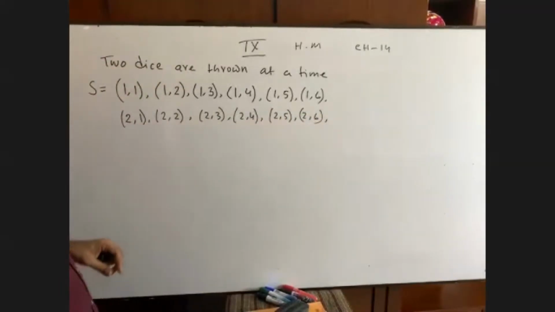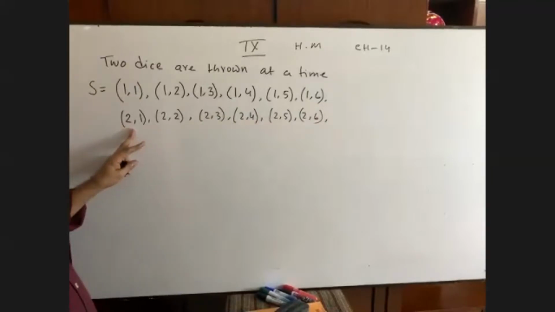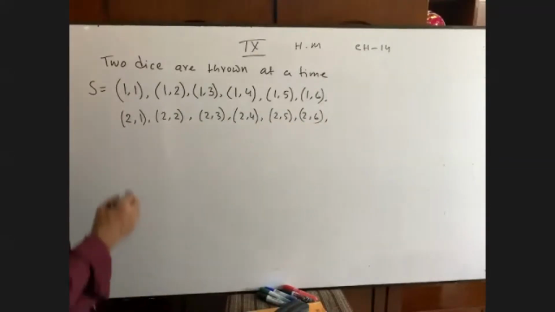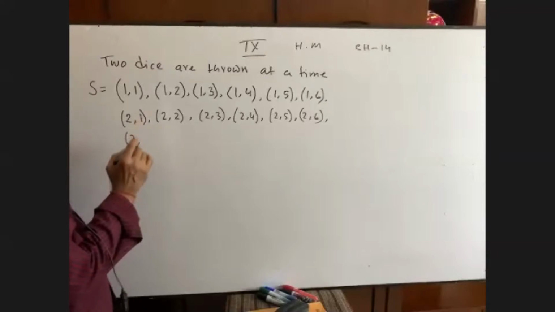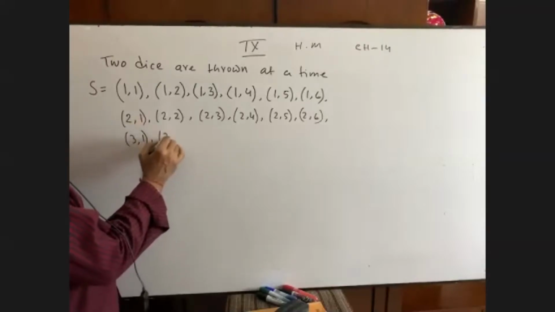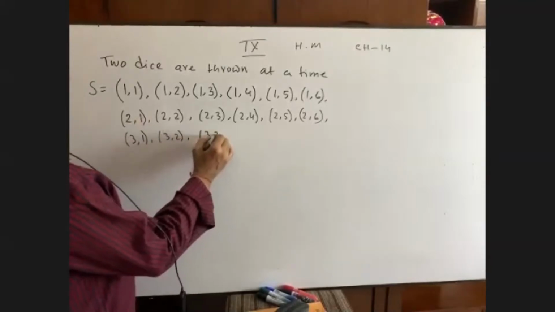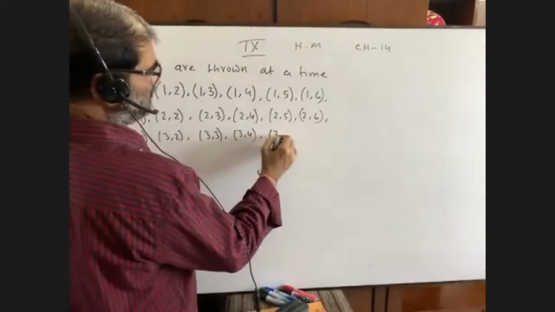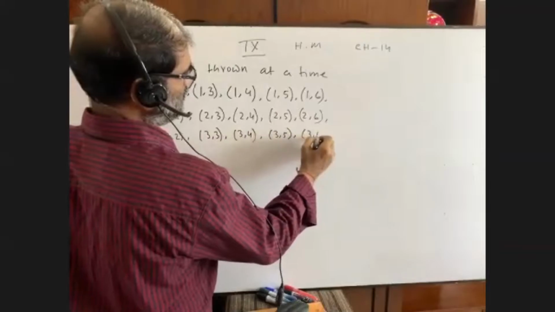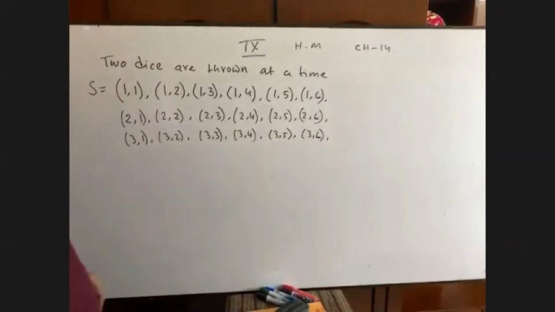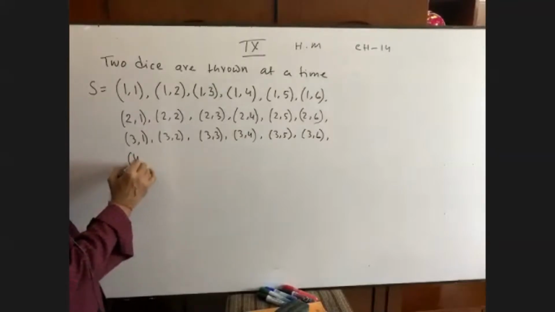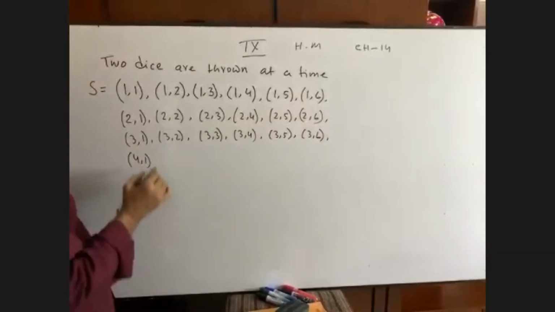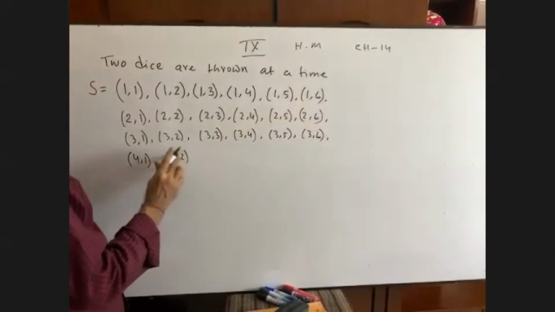If for the first person it is 3, then for the second person 3, 1, 3, 2, 3, 3, 3, 4, 3, 5, 3, 6. In the same way, write down. Here you will end with 6 always. Then 4, 1. Otherwise, you have to do it again.